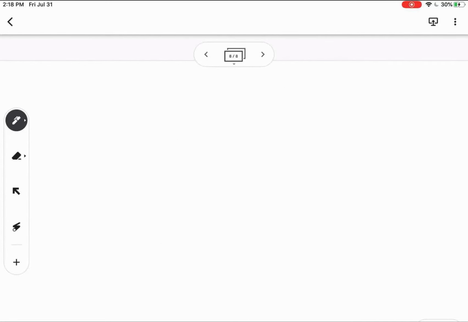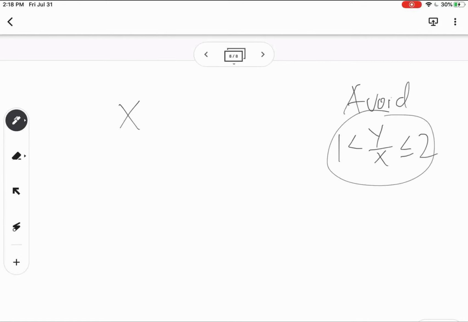So if we have a number x, what we want to avoid is 1 being less than y over x being less than or equal to 2. If we're avoiding this, then y is not in x plus 1 through 2x. So we don't want something within x plus 1 to 2x.